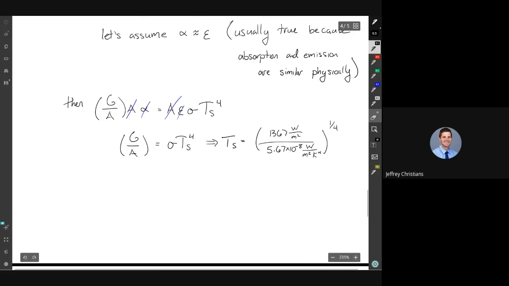Okay, if we figure that out, we get that the surface temperature is equal to 278.6 K, which is like 5.4 degrees C.